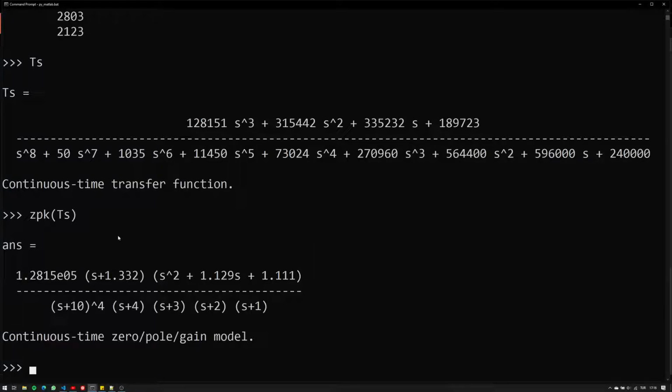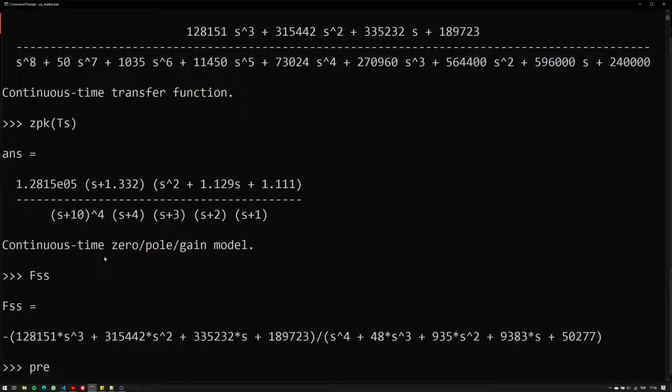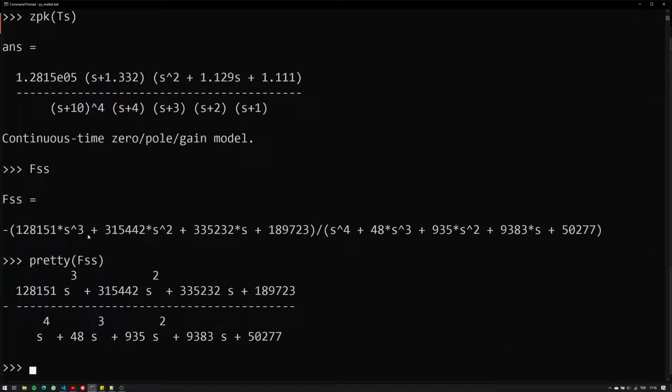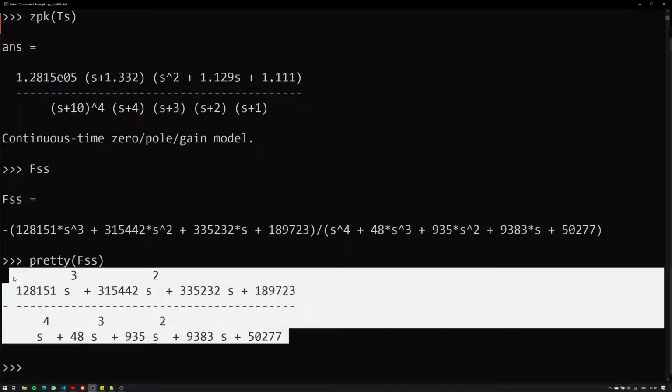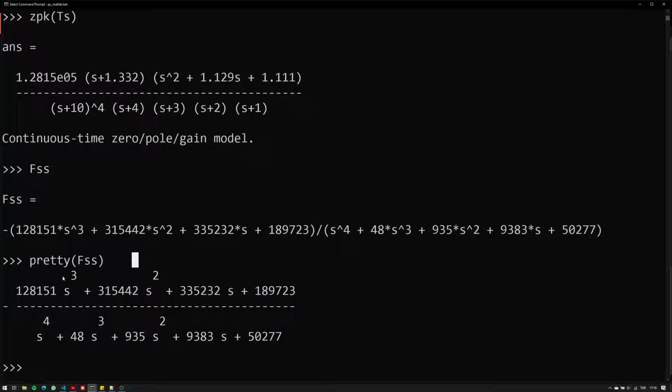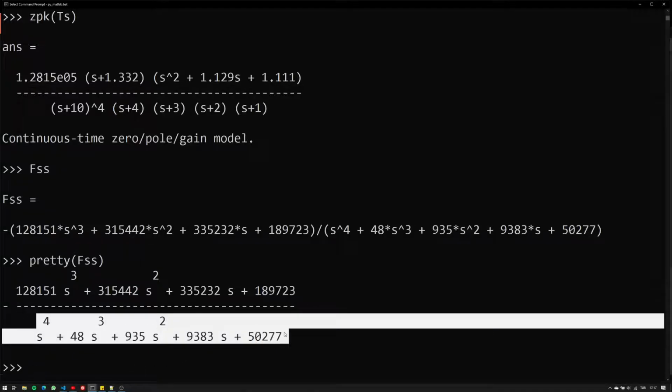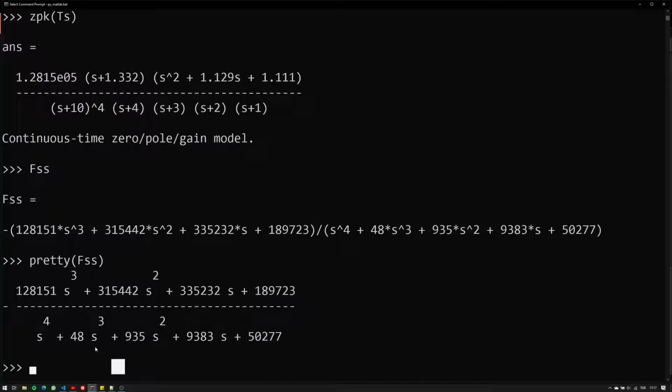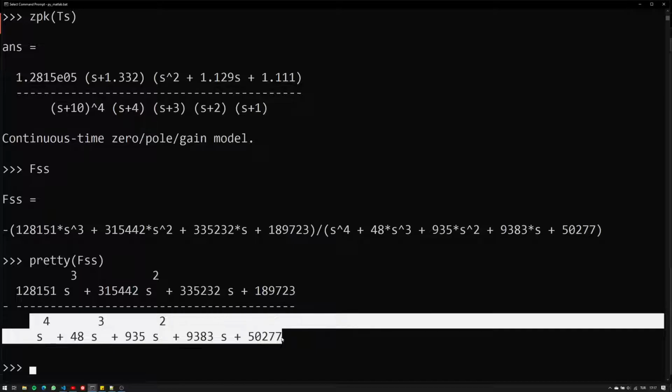Now, an interesting note is the following. We have F(s), which looks like this. And you can see that it is not really a static feedback controller anymore. It is a fourth order controller. In our control system design lectures, we didn't really design a fourth order controller.